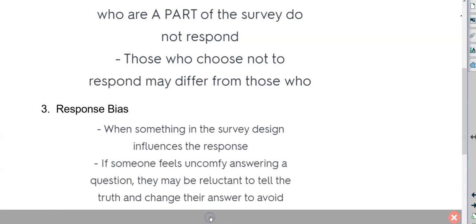This is when you feel uncomfortable answering a question. Let's say I went up to one of you and said, hey, have you taken drugs in the last week? Let's say you had done some marijuana and I asked you that question, you might feel, wow, I don't really want to tell my teacher that I smoked a little weed this week.